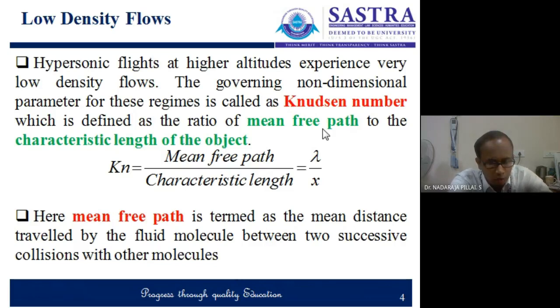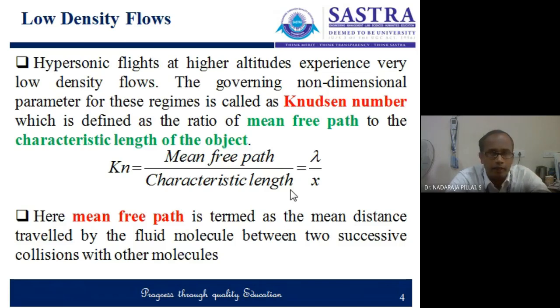Now, what is characteristic length? In the case of a circular cylinder, we consider the characteristic length as the diameter of the cylinder. For an airfoil, we consider the characteristic length as the chord length.